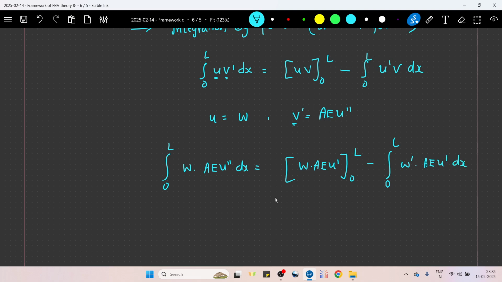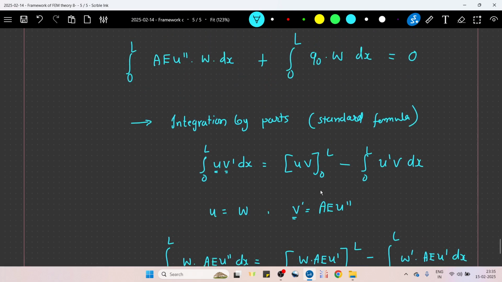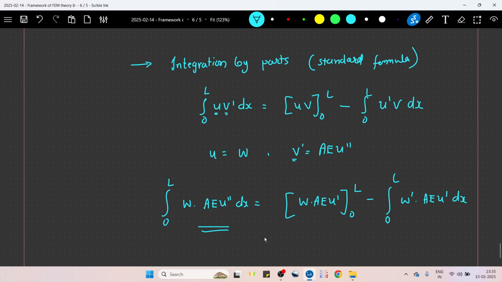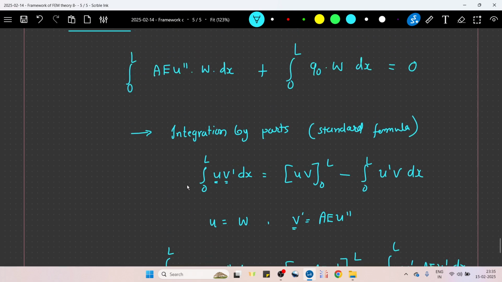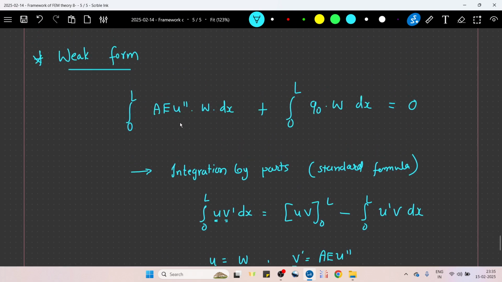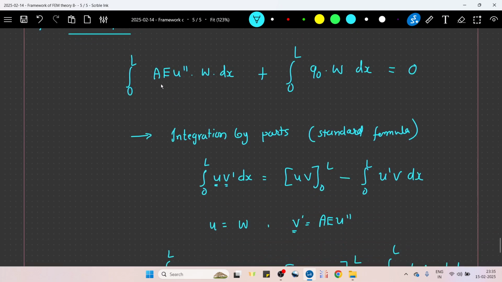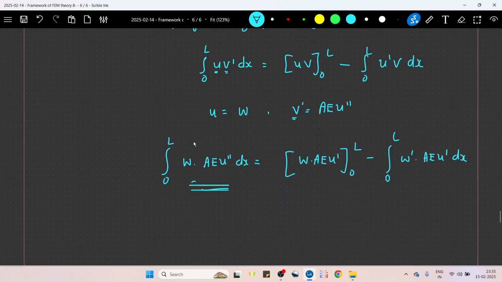So we have got this one. I have done nothing but apply integration by parts, and I will substitute this into the first term of our equation.